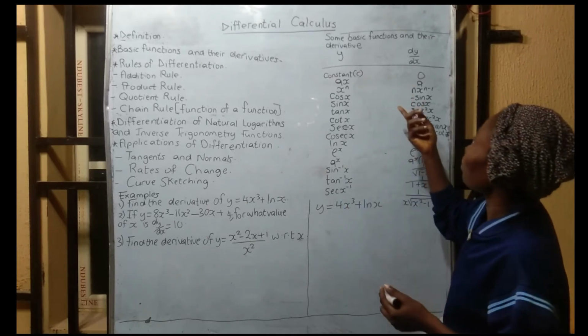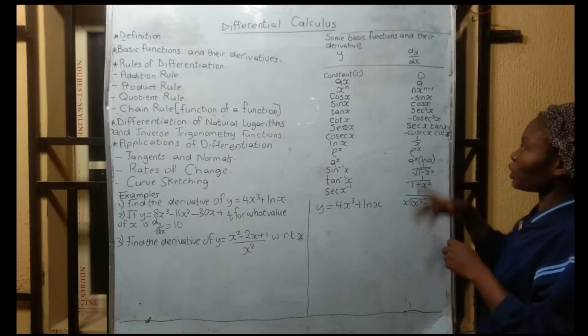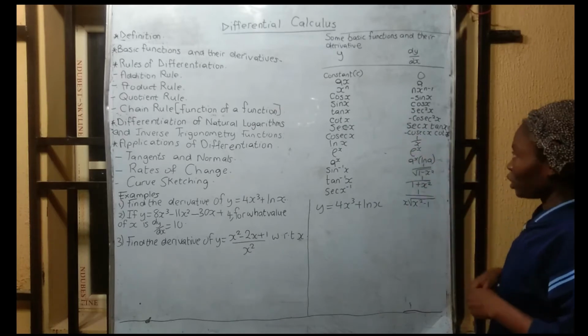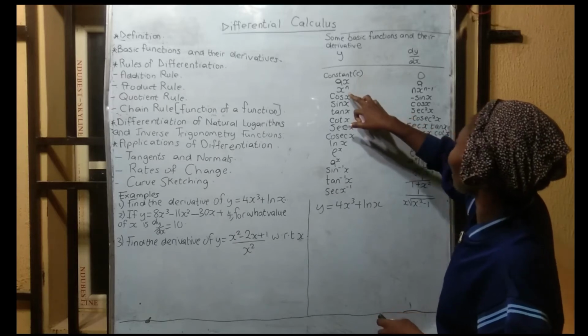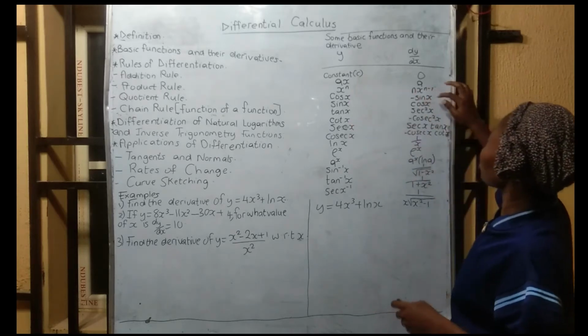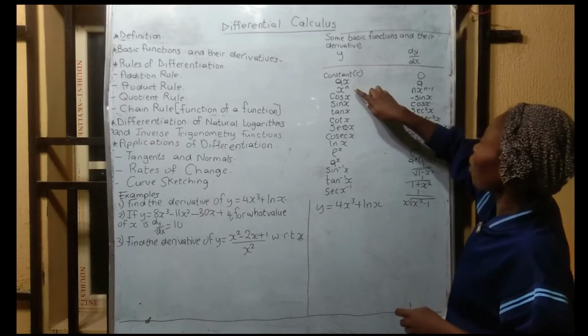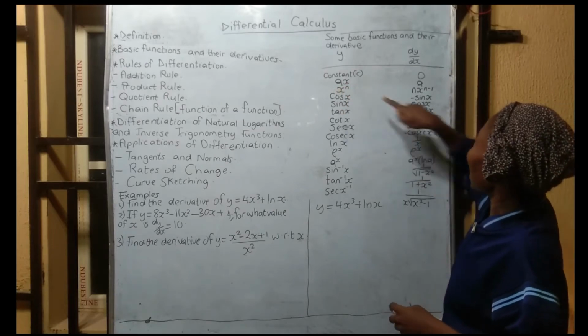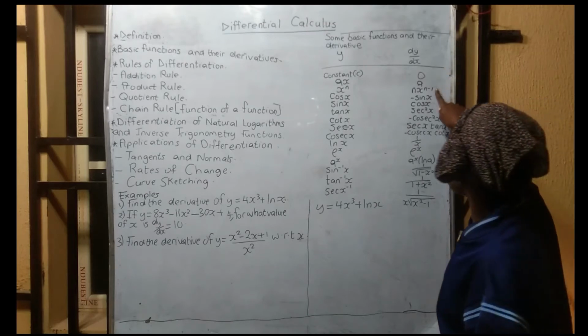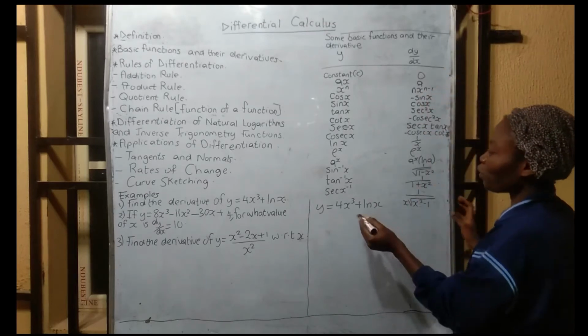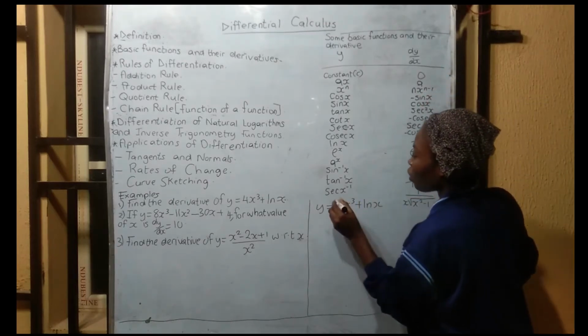We can go back to our basic functions and their derivatives to check what to do. In the third line, we have x raised to power n, and we can see what was done. The power of x was brought down, and one was subtracted from it. So that's what we are going to do for this particular one.